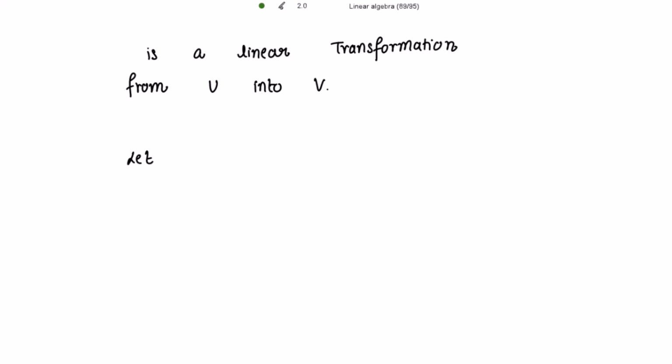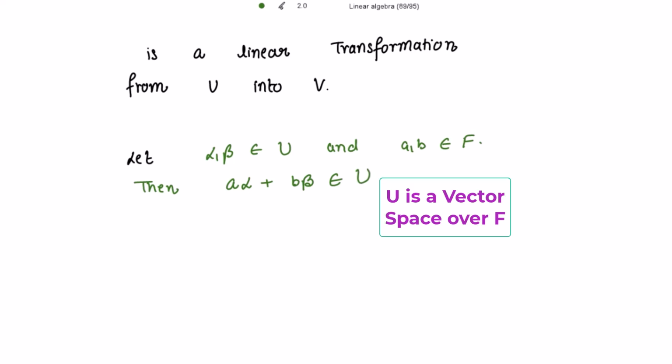Now how to show that this will be a linear transformation? Just apply the definition. Let's take two elements alpha and beta from U and the scalars a and b from F. Then a alpha plus b beta belongs to U because U is a vector space, right?